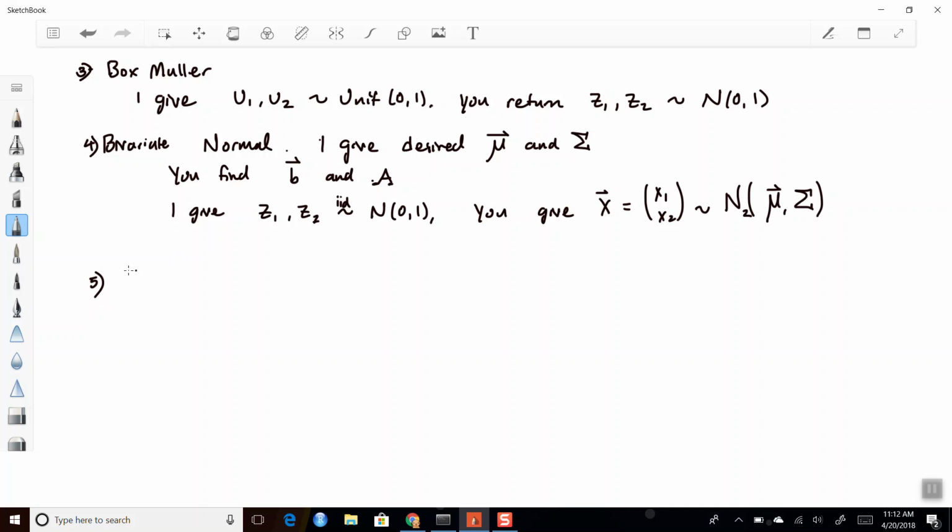Okay, and then we've got Monte Carlo integration for the uniform case.